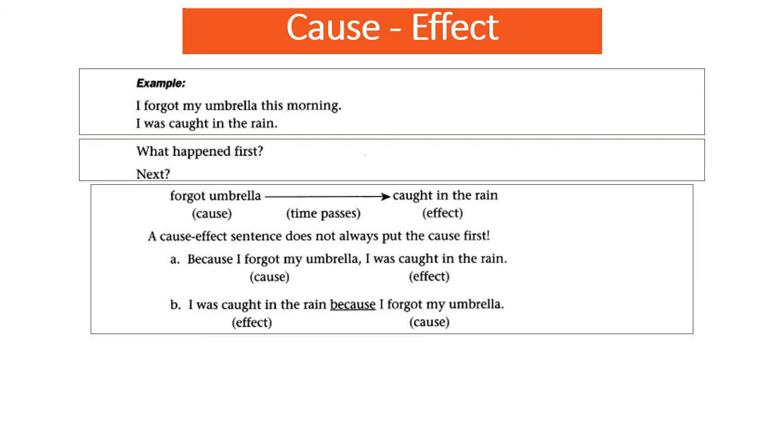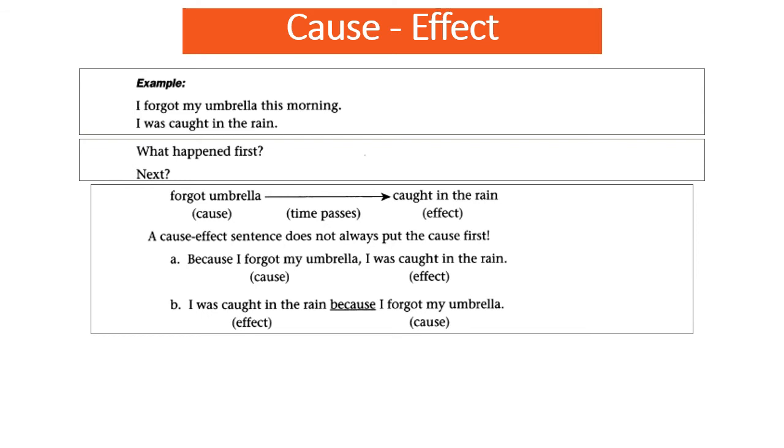Look at examples A and B. In example A, the cause is written first, and after that we have the effect, such as in "Because I forgot my umbrella". So this is the cause, and the effect is "I was caught in the rain". Or it can be switched, like in example B: "I was caught in the rain because I forgot my umbrella".